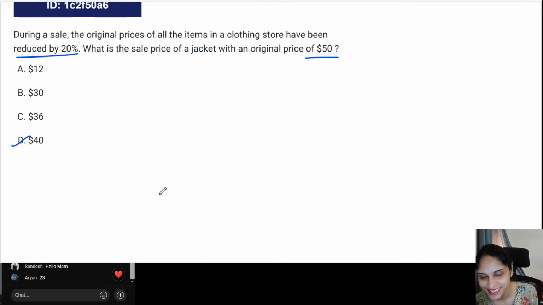So how I did it, because it is reduced, you can also find 20%. 10% is going to be 5, 20% is going to be double of that, that is 10. So you're reducing by 10, the answer is 40. I will write both the methods.